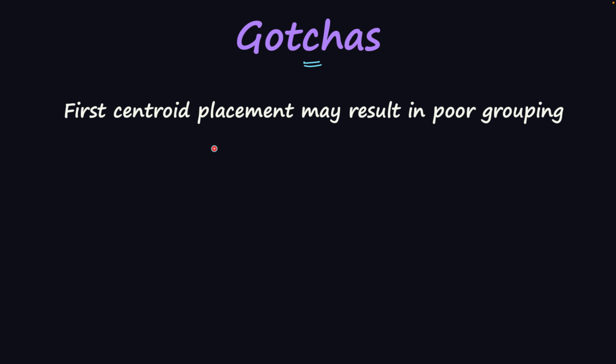Now there are a few gotchas that we need to know. The first one is the first centroid placement. We know that this is actually random placement. Although it is random, if we pick a really bad random centroid, then the overall grouping will be really poor, because of the math behind it. This is because of a concept called local minimum, and because of that, picking a wrong random value is going to cause problems.